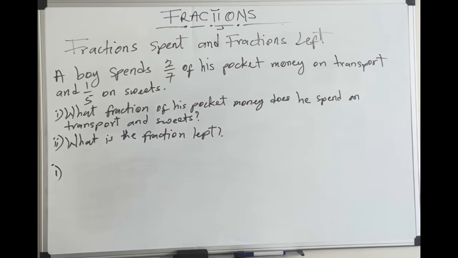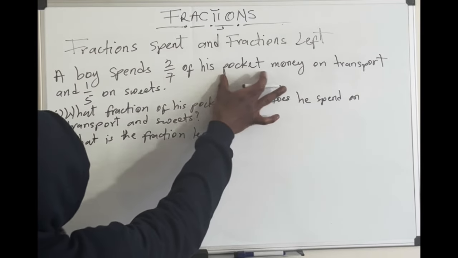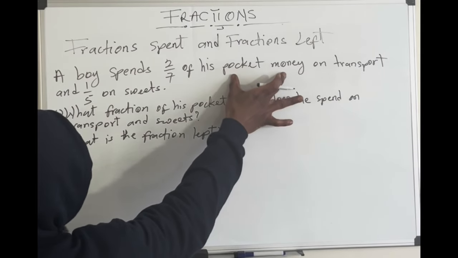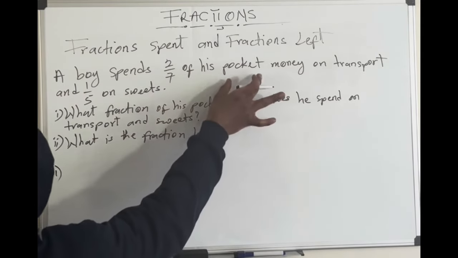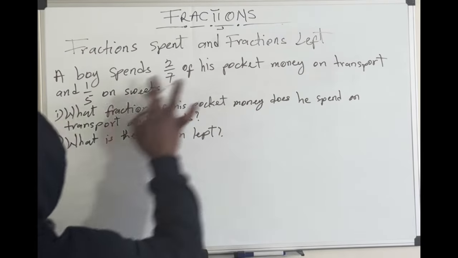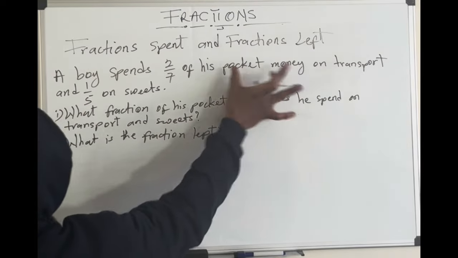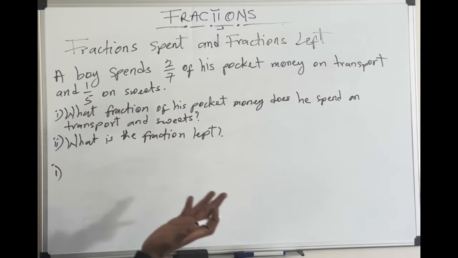What fraction of his pocket money does he spend on transport and sweets? The boy spends 2 over 7 of his pocket money. We don't know the whole amount, but he spends 2 over 7 of that amount on transport, and then also 1 over 5 of that amount on sweets. So we just add them.